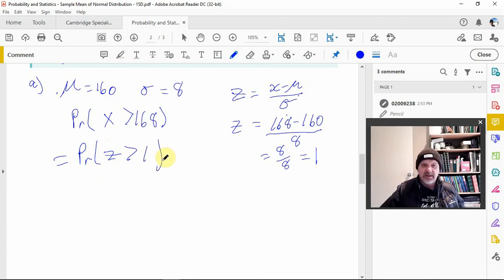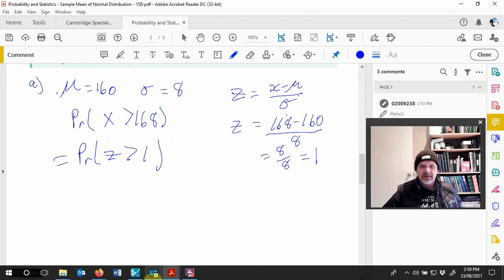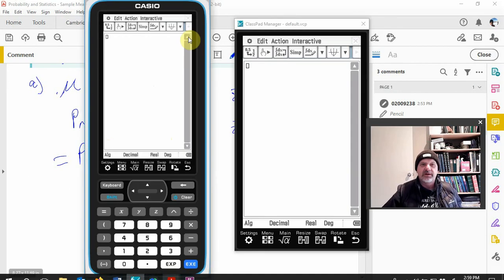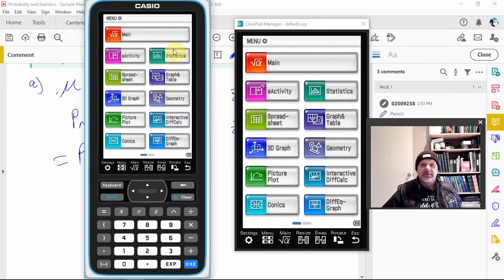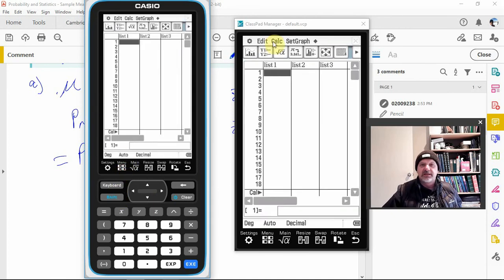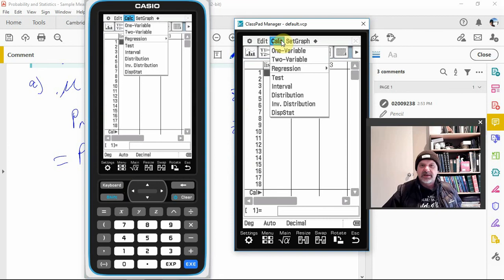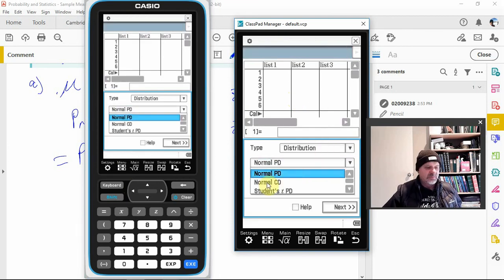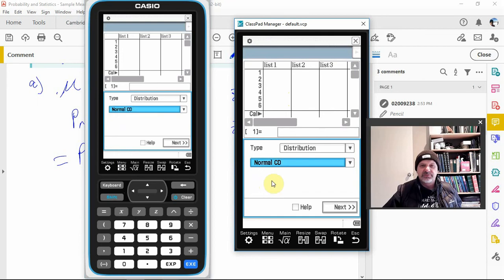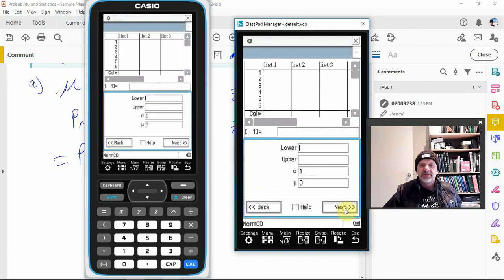All right, so now that's where we go to our calculator. So here's our calculator. We go to our menu. We can go to statistics. Remember, we're calculating something from our distribution. And it's the normal CDF distribution that we're looking at.